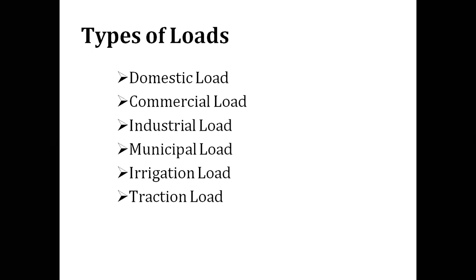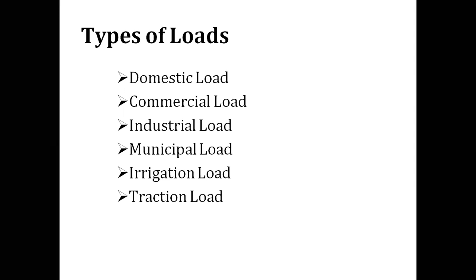Now, the rate of tariff for domestic load is obviously different from commercial load, different from industrial load, different from municipal load, and all that. Likewise, the rate for 1 unit of electric consumption, which is known as the electrical tariff, is different for domestic, industrial, municipal, irrigation, and traction.